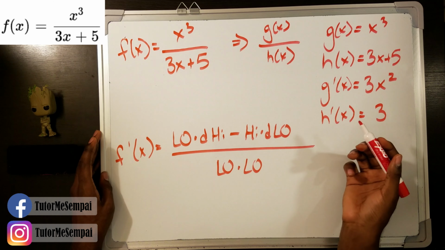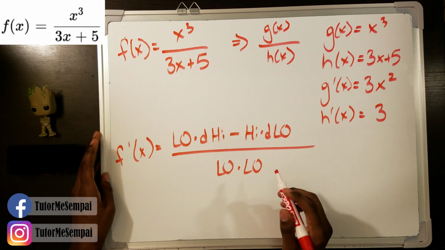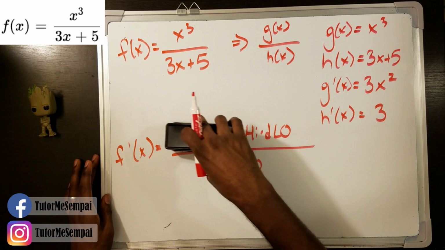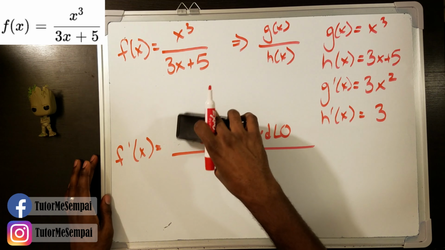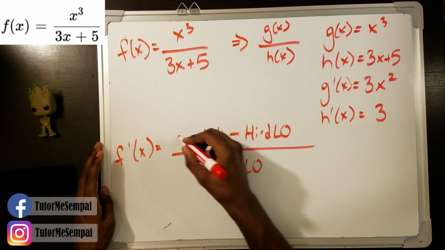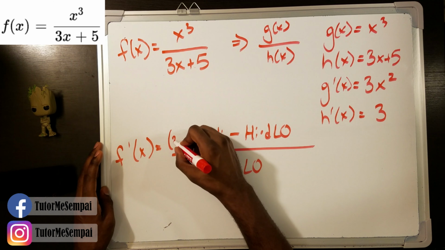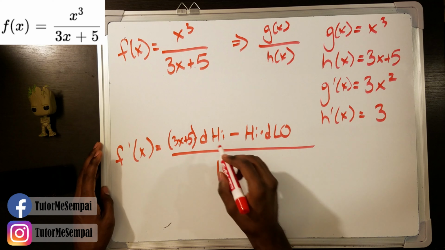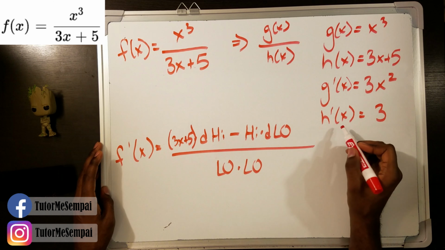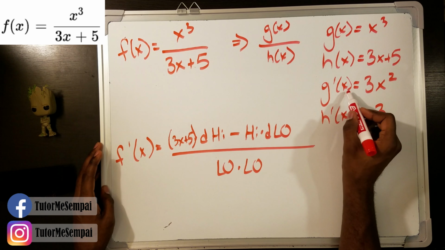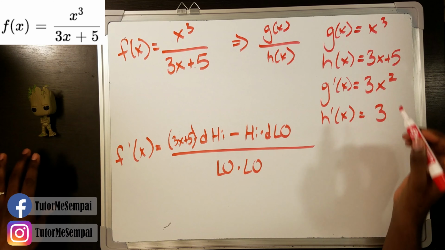So now let's plug in what we have. So let's simply replace these with their respective functions. So if that low was this, we're going to plug it in. So that's going to be a 3x plus 5. Our d high is going to be our derivative of the top, which is g prime of x. So this 3x squared.